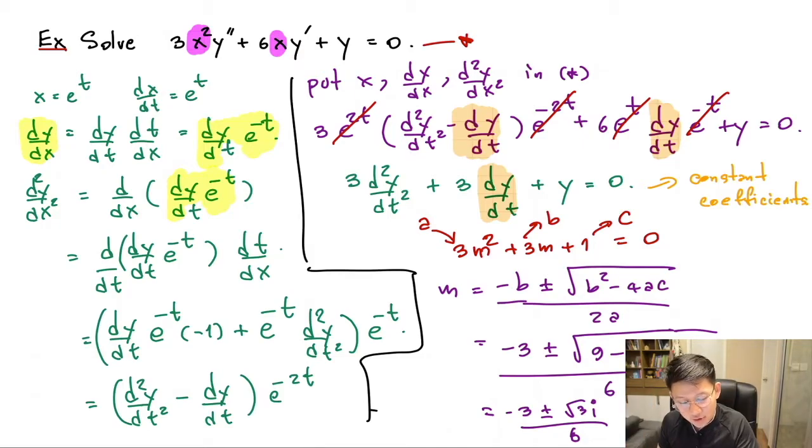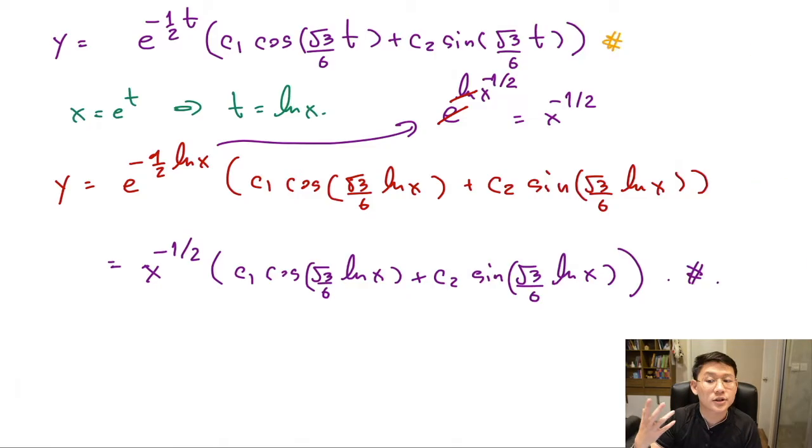It's not x, so the solution must be in terms of t. We want to answer in terms of x, right? So we let x be e to the t, and then t is log x, and then we just substitute that back and we get the solution. As simple as that. Okay, cool.